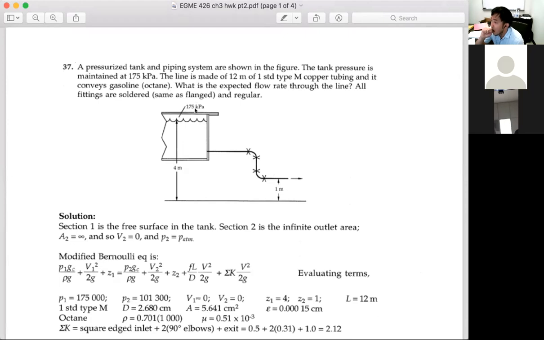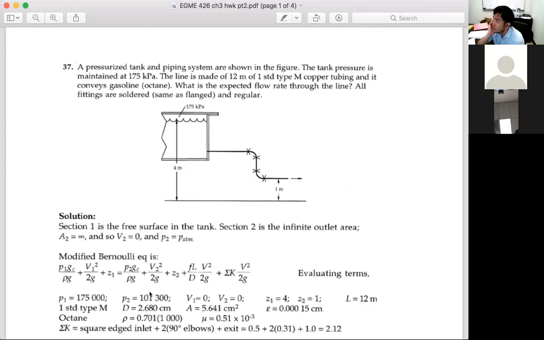He said inside is pressurized because it's not open. It looks like the container is closed, so it's not really atmospheric, so it's not zero, I believe. But he said something about if the inlet pressure was a gauge pressure, P2 would be zero or something, like atmospheric pressure. I was a little confused. Not sure if you can help me on that.